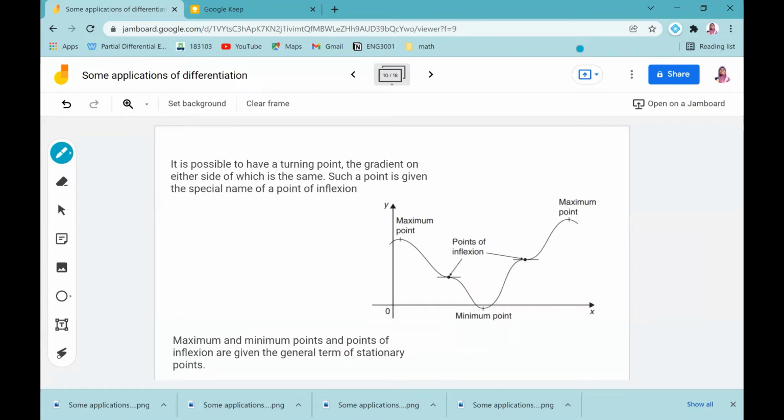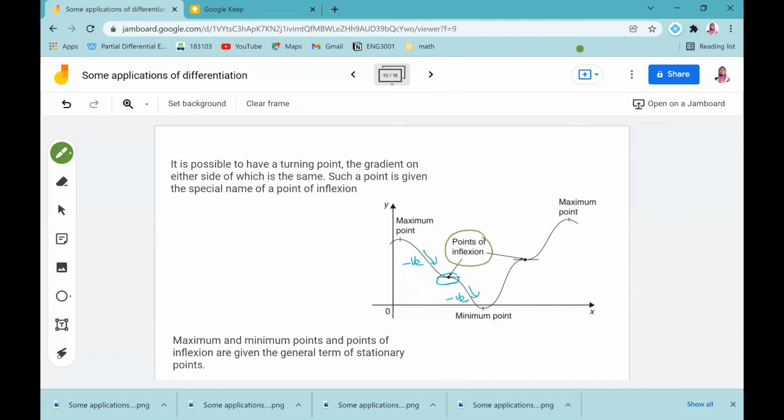But what happens if the gradient is the same? Before the turning point, the gradient is going downward, so it is negative. After passing the turning point, the gradient is still going downward, so it is negative. So we call this a point of inflection.